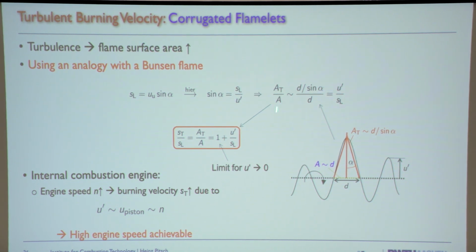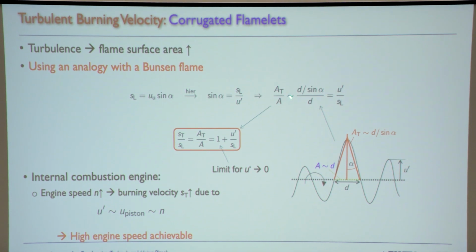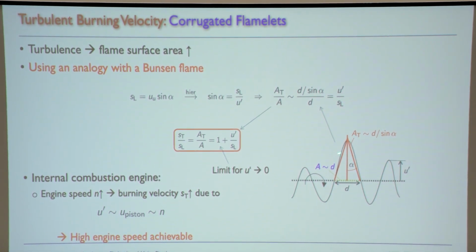And now we are interested in this area. How much larger does the area have to be? And this area divided by the base area can be expressed also by the sine of this angle. So it's basically this divided by this, and that's also the sine of this angle.